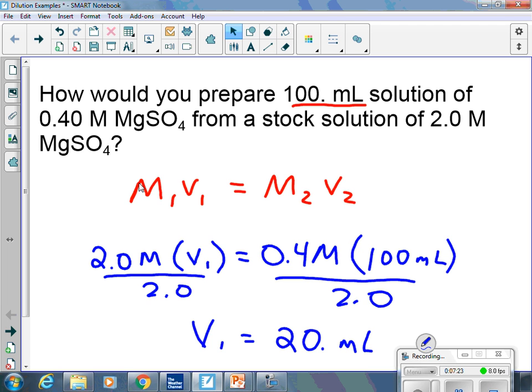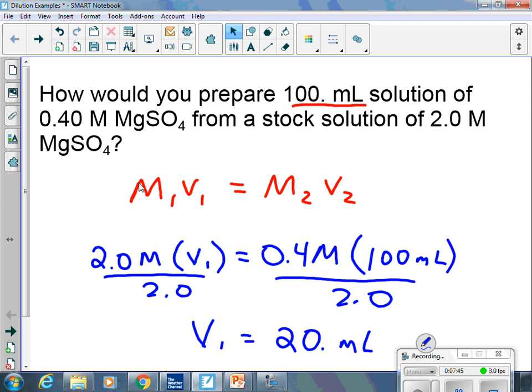So what I would do here, folks, if I were actually making this solution, I would take 20 milliliters of this 2.0 molar solution, and then to that 20 milliliters, how many more milliliters do I need to add?